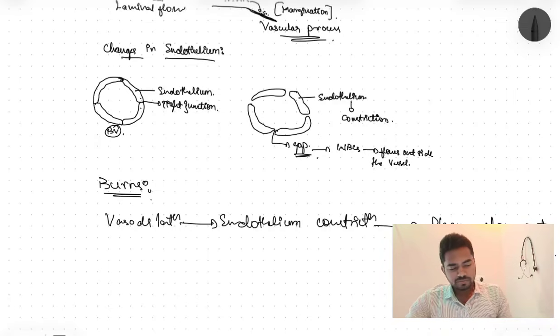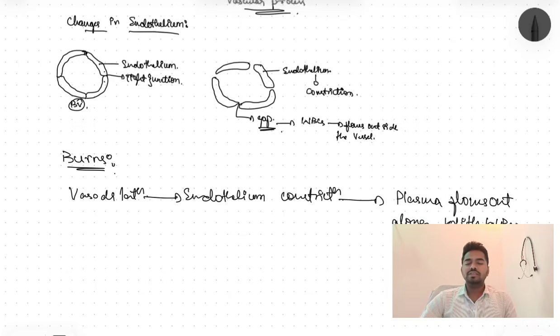But in most burn cases, if there is a cylinder blast in a home, or any issue related to burns happened in a home, and a patient came with severe burns, we can treat burns, but the problem is, within a week the patient may die. Why is this happening? There is vasodilation, endothelium constriction, and plasma is flowing out. Plasma flowing out means it's a shock.